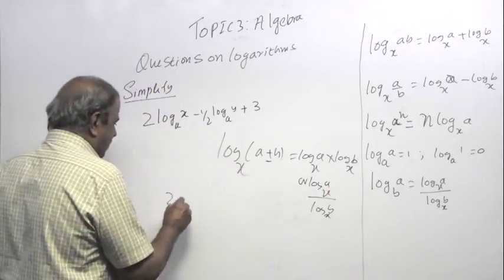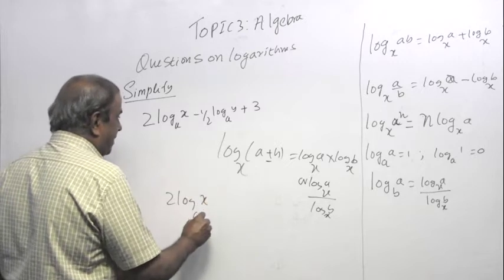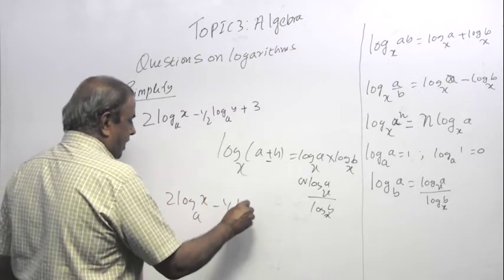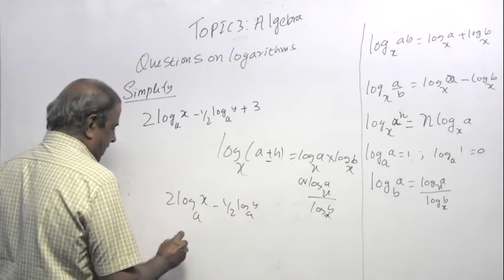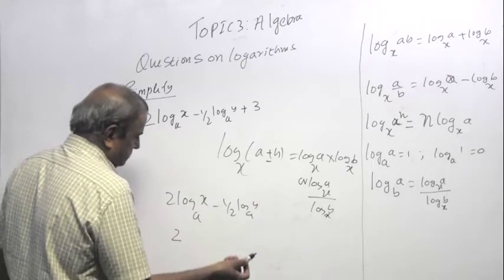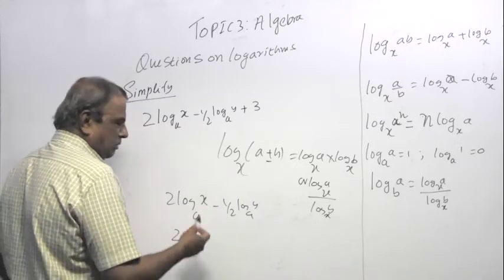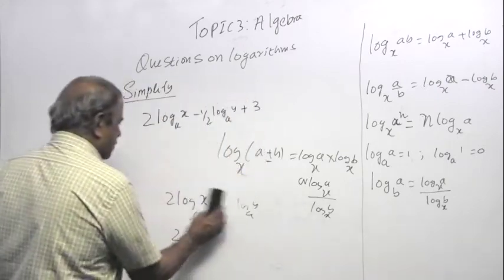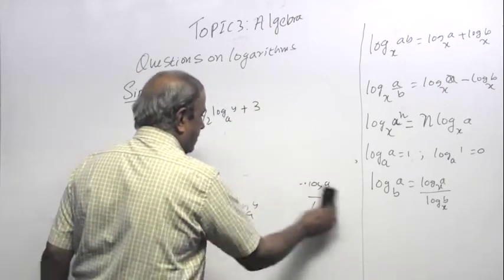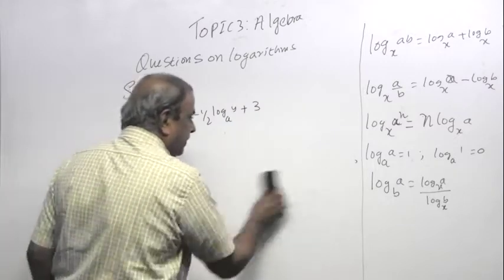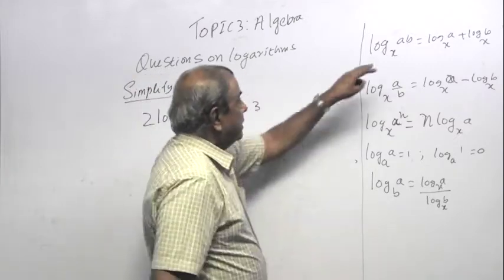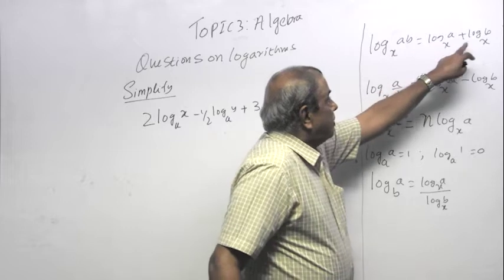And the other one is 2 log x to base A minus half log y to base A. They will just combine them, ignoring the number in front, which may not be in this question. When I come across that, I will show you. So you have to be careful. Whenever you want to combine the logs, remember, there should be no numbers in front of them.